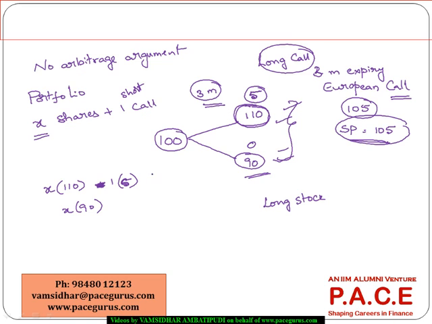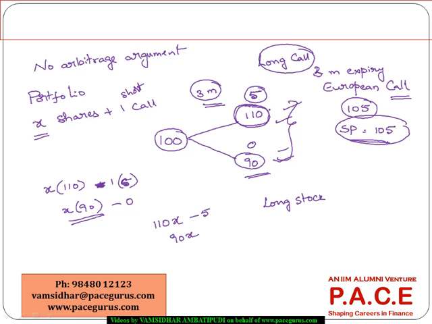Whereas when the stock price goes to 90, my position value is 90X and the option will not be exercised, so there is no loss to me from the option. So if the stock price touches 110, my position is going to be 110X minus 5 if I am holding X shares, and if the stock price touches 90, my position value is going to be 90X.